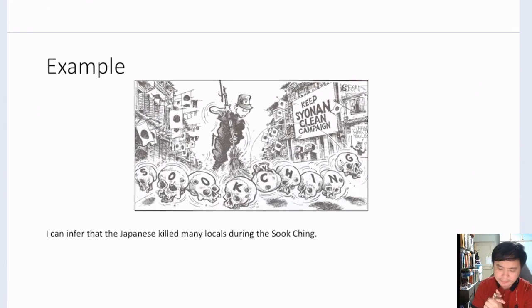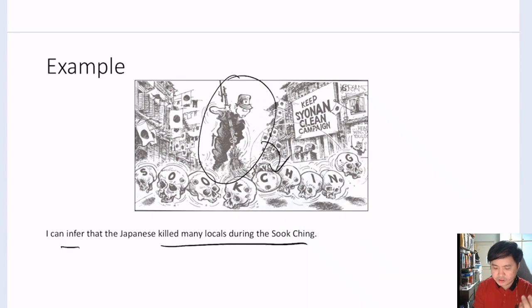This is one example I have for you of a student answer. I can infer that the Japanese killed many locals during the Sook Ching. Now what's the problem with this answer? It's not one level higher, right? Here you see the Japanese sweeping the Sook Ching skulls, implying that yes, definitely they killed them. So by saying that they killed many locals during the Sook Ching, this is too low level.